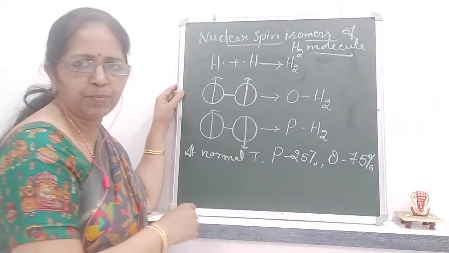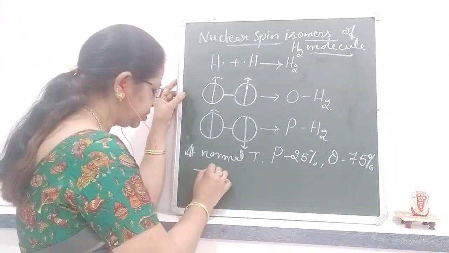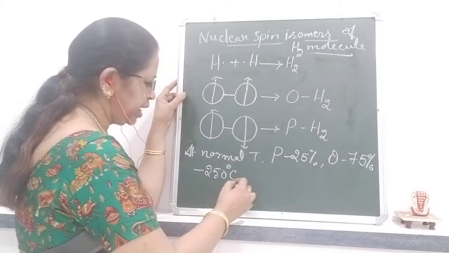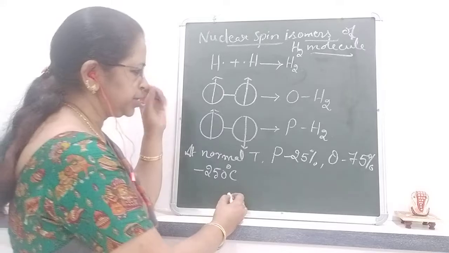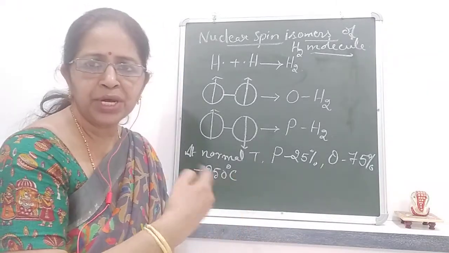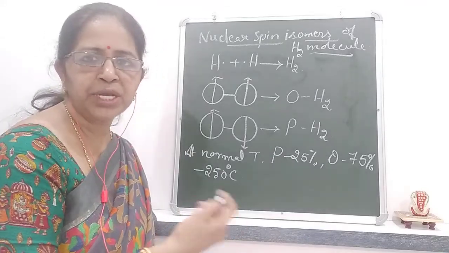But at lower temperature, like minus 250 degrees Celsius, the occurrence of the para isomer is very much higher.